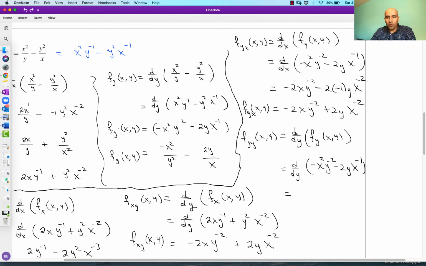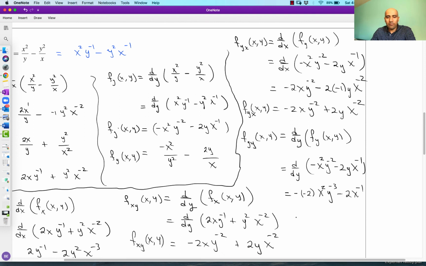Okay, with respect to y, we'll end up with a minus times a minus 2, y to the negative 3, so then there'll be this x squared just hanging out there, y to the minus 3. And then y here was just going to be a 1, so there'd be minus 2x to the minus 1. Right, and 1 because of the y.